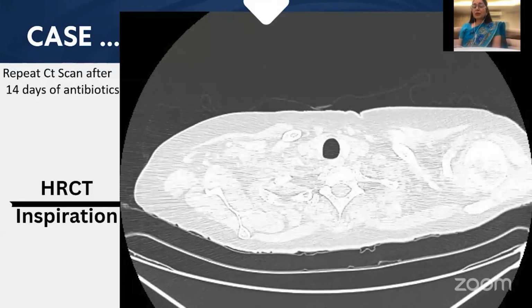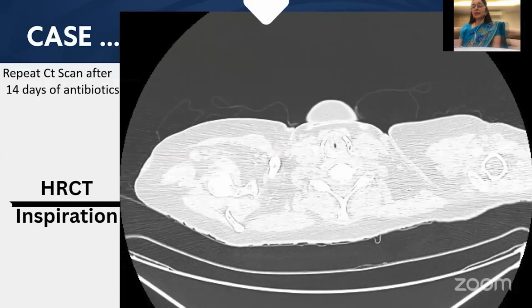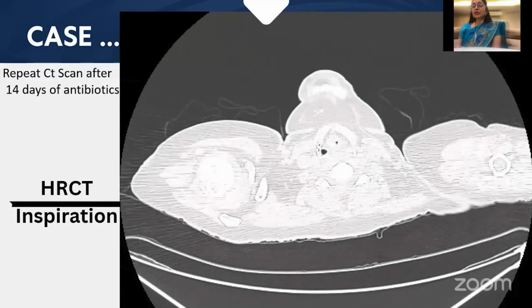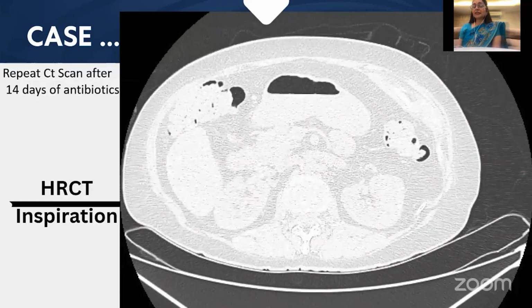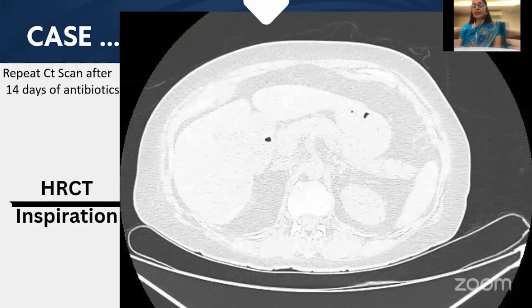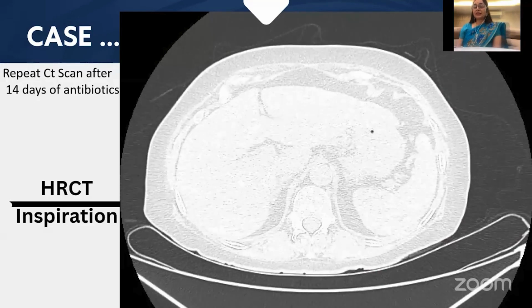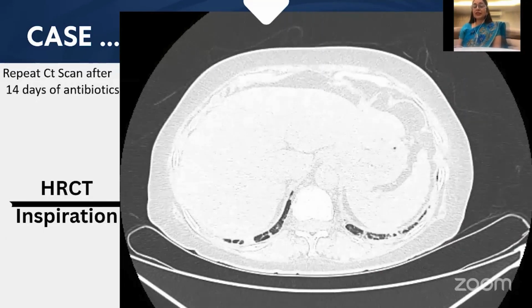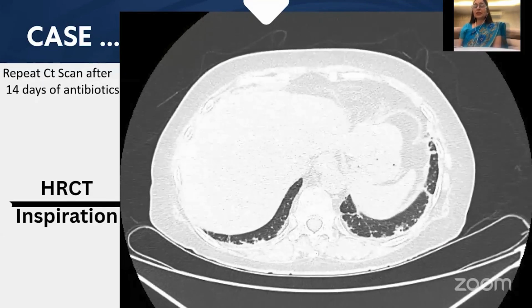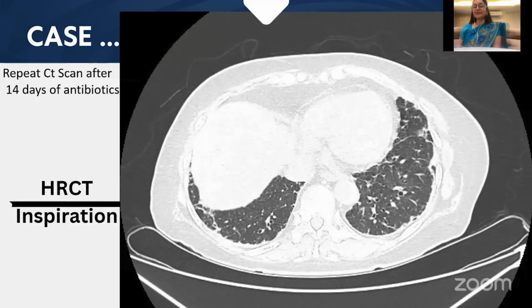Because the problem we usually face is once the patient's methotrexate is stopped, it's very difficult to control the joint symptoms, because the other drugs like mycophenolate, azathioprine, and cyclophosphamide are not able to control the joints. They may take care of the other parts of the disease, the lung, but they are not able to take care of the joint. So stopping methotrexate is not a very good option for this patient.